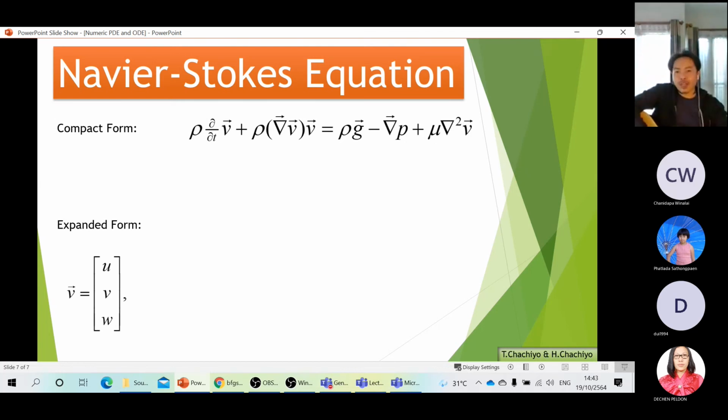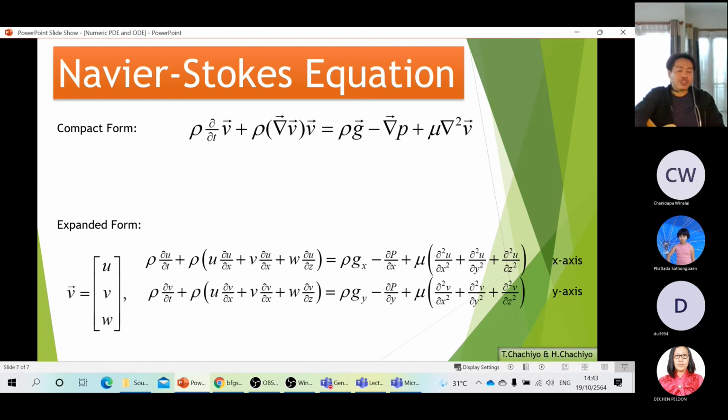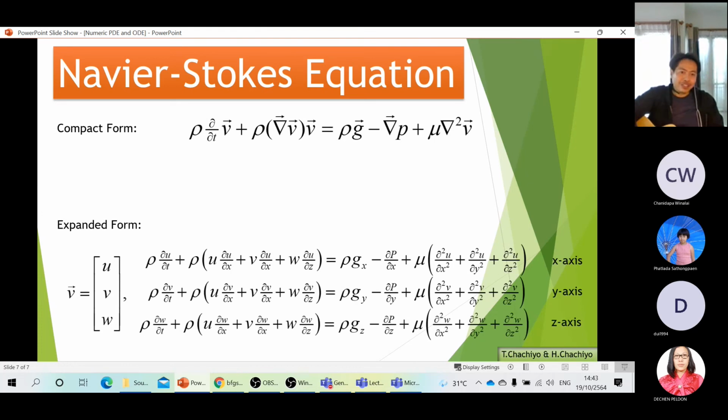If I call the components of the velocity u, v, w, I have 3 equations, one for each axis of the speed. I have that for the x-axis, and that for the y-axis, and that for the z-axis. Very scary. That's why this one goes with a $1 million prize in mathematics.